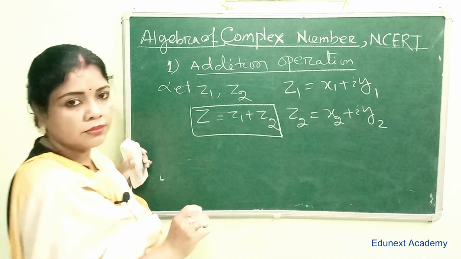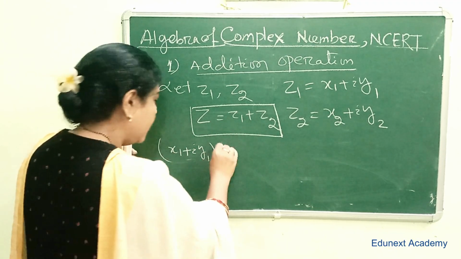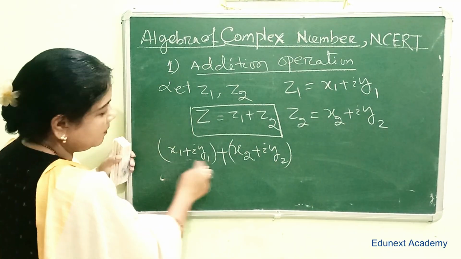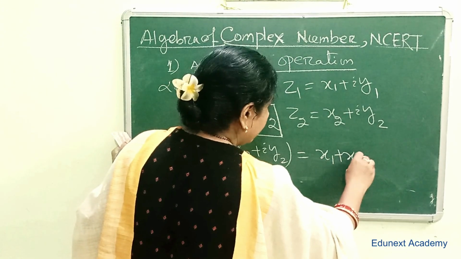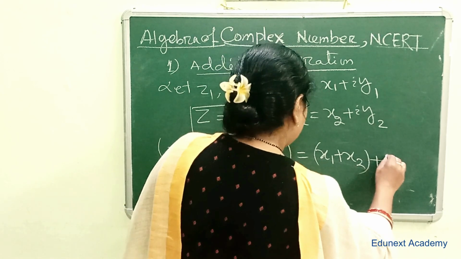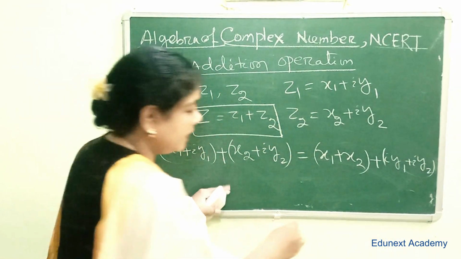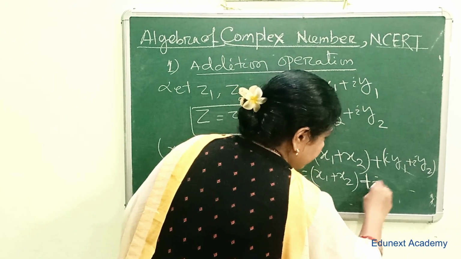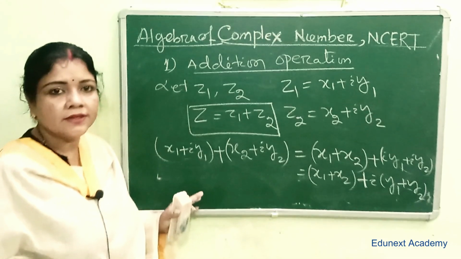If we add these two, that means x1 plus iy1 plus x2 plus iy2. Combine the real parts together, x1 plus x2, then plus iy1 plus iy2. This can also be written as x1 plus x2 plus i, taking y common outside, y1 plus y2. This is the addition operation.